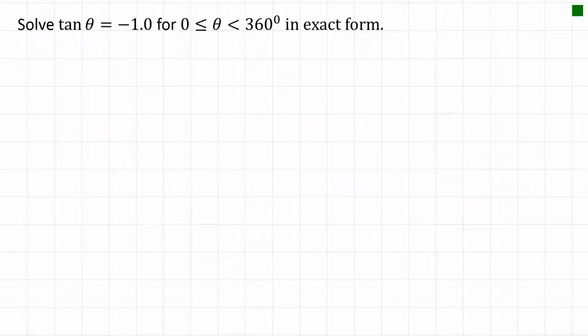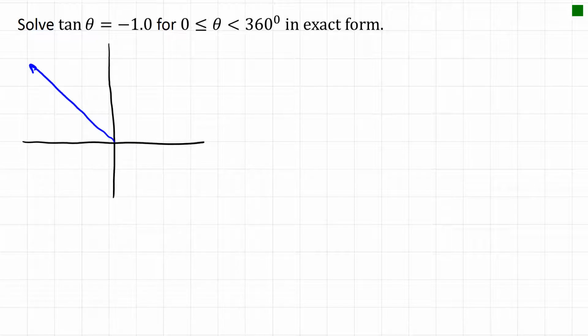So let's try that one again, this time with a tan function. So where is the tan negative? It's negative in quadrant 2 and in quadrant 4. And we're told that it's exact form, which means that we're hoping to use our special triangles.